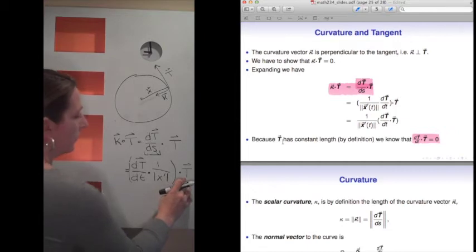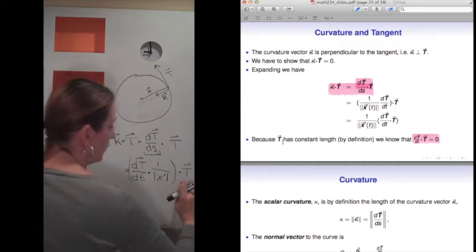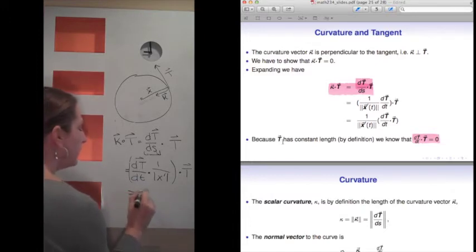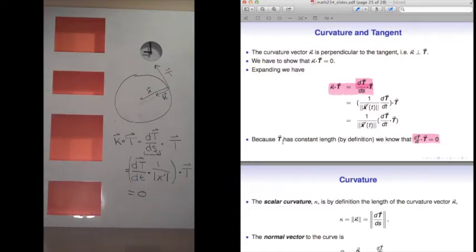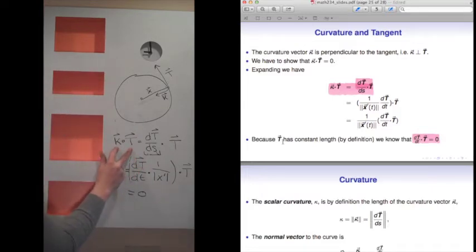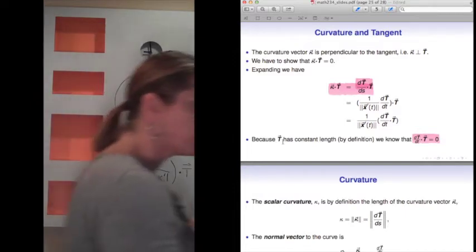So the inner product of the unit tangent vector with its time derivative has to be equal to 0. So that tells us that when we calculate this kappa, this inner product has to be 0. Okay, so they are orthogonal.